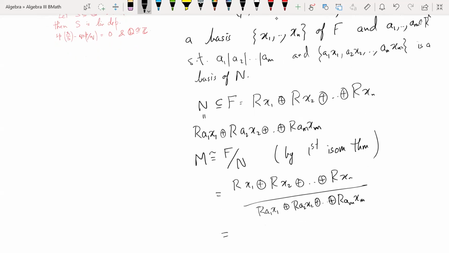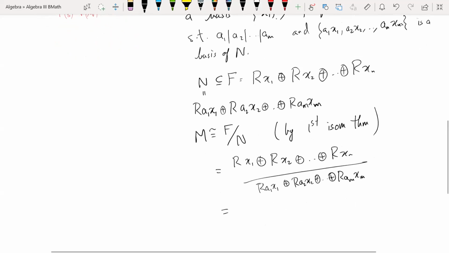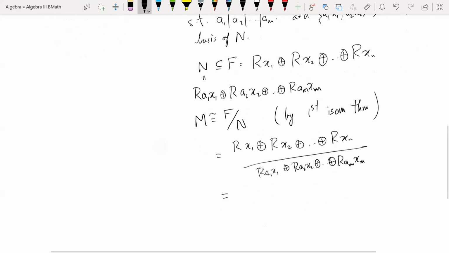So if you want to take this factorization, this is similar to groups. So maybe I'll just write the answer first and then do this.